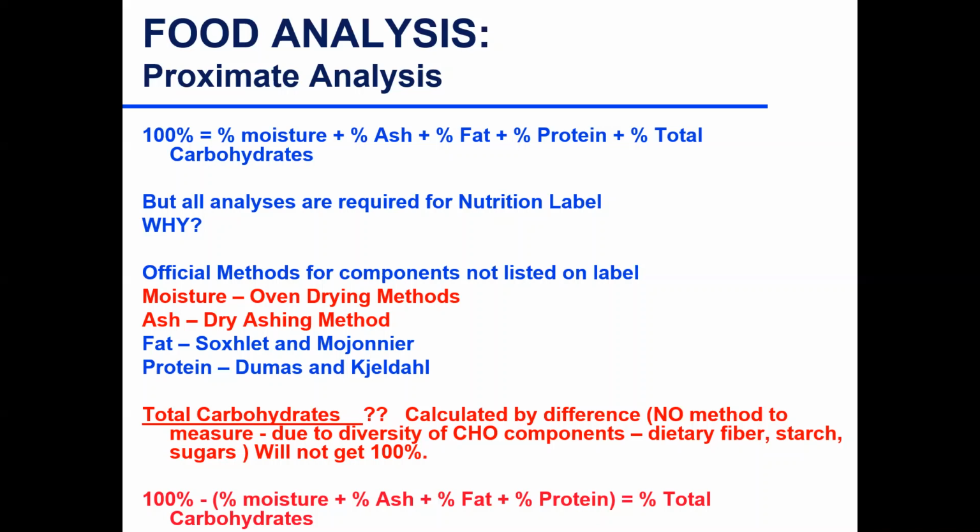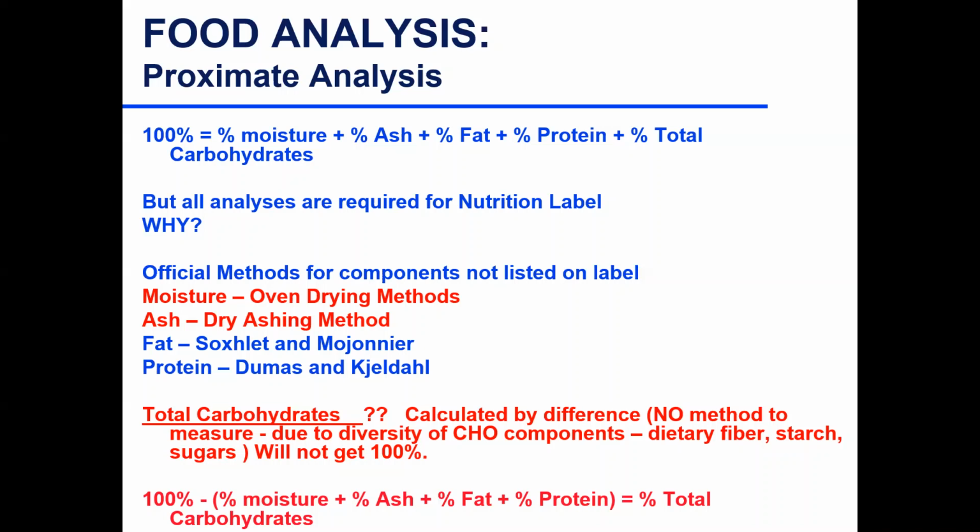So when you did the fat, you looked at individual fatty acids. You've got a determination by fatty acids that replaces the Soxhlet and the Mojonnier for this particular purpose. These are used if somebody wants to know total fat, not for labeling purposes. For labeling, you'll use a different methodology for fat.